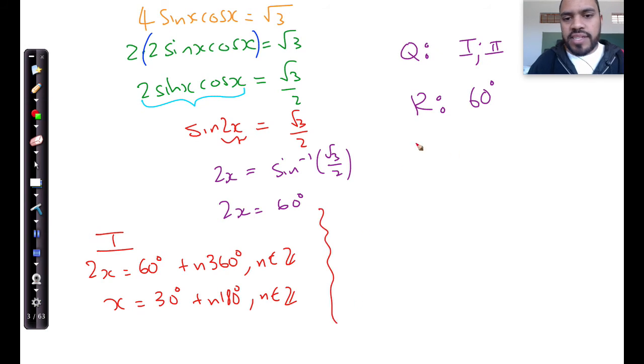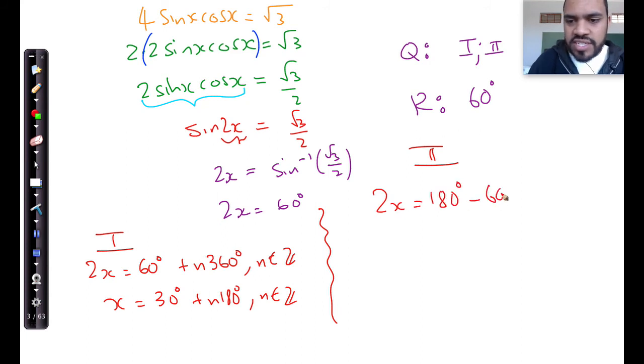Okay, let's go to the second quadrant now, which I'm going to do on this side. 2x is equal to 180 degrees minus the reference angle, which is 60 degrees, plus n times 360, such that n is an element of the integers.